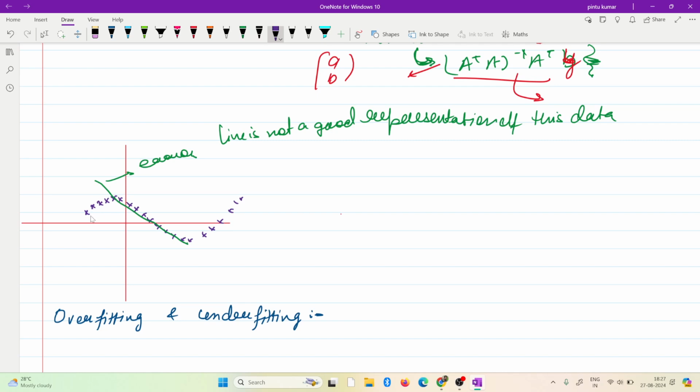You can see that this is some sort of sine function. Sine or cos, and it's translated a bit. You can see that. So, what you can do is you can include a feature having nonlinearity.